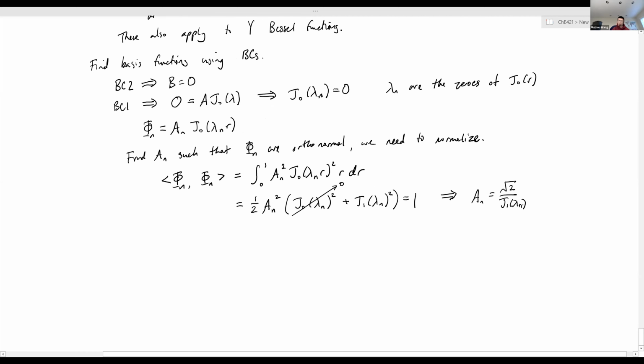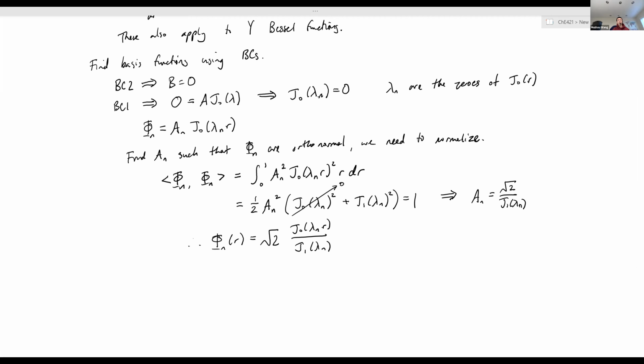And therefore our basis functions look like this. This is maybe not anywhere near as satisfying as what we've seen before with a square root of 2 sine of n pi y.